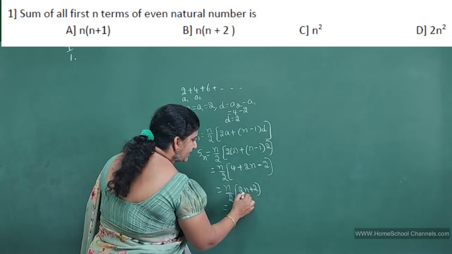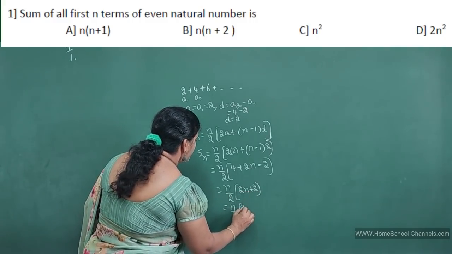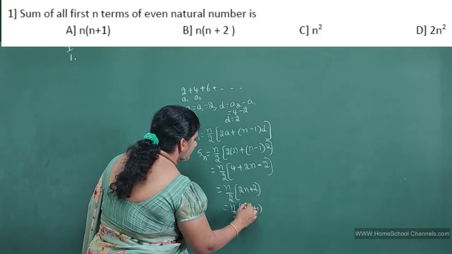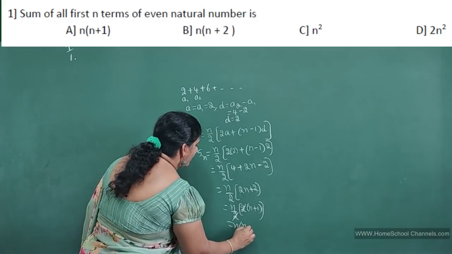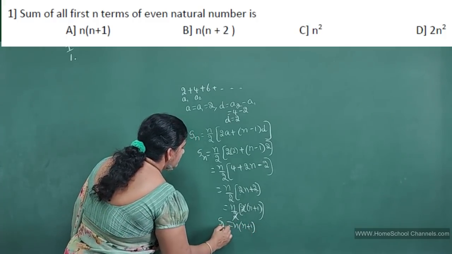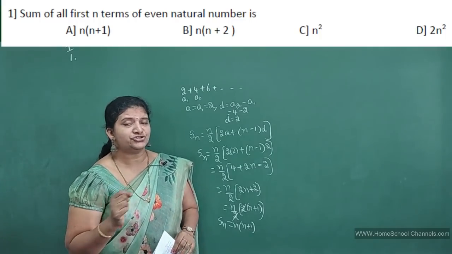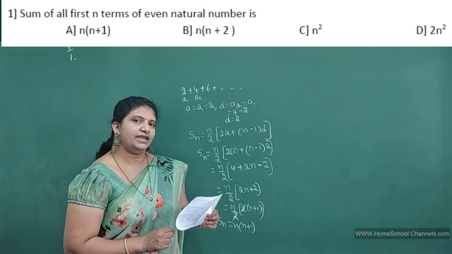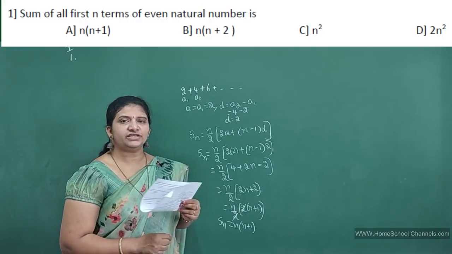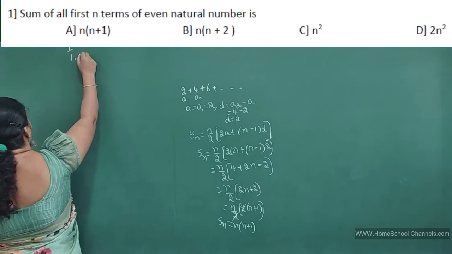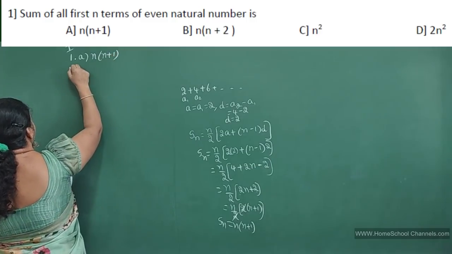Then again 2 is common. N by 2, take 2 common, n plus 1. The 2s cancel and you are left with n into n plus 1. Therefore, sum of n terms of even natural numbers is n into n plus 1. Check the option here. Your option is option A, n into n plus 1.